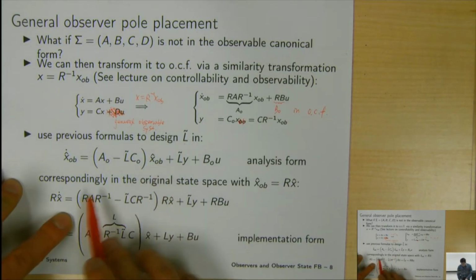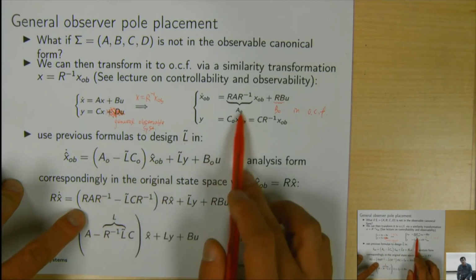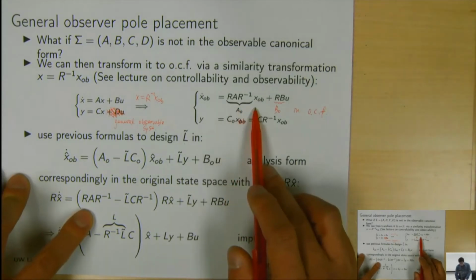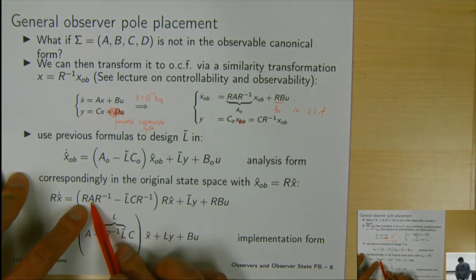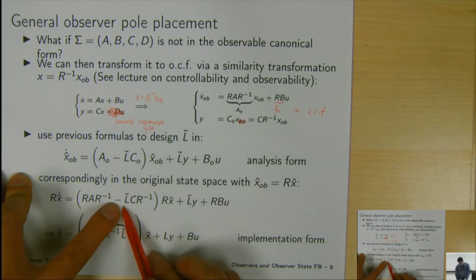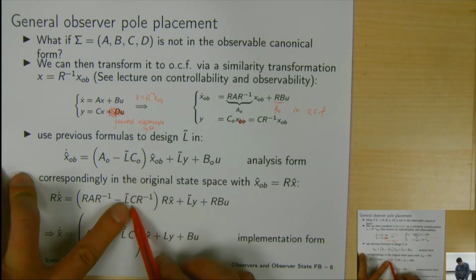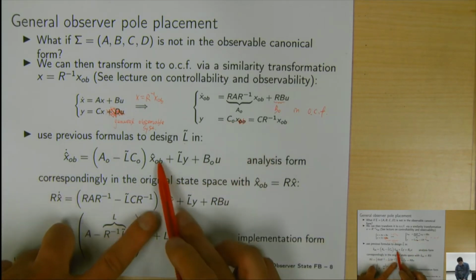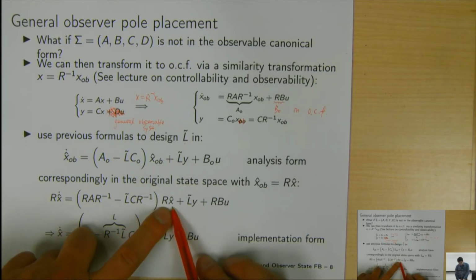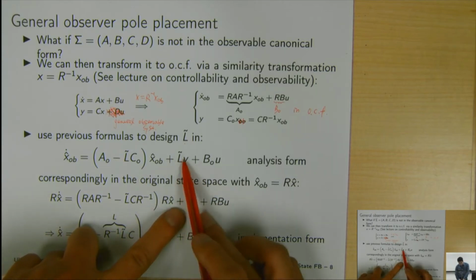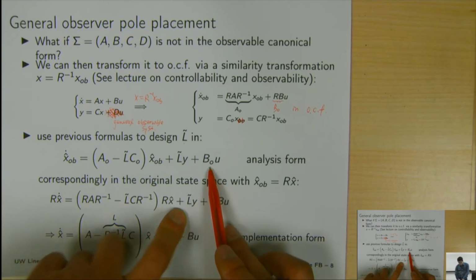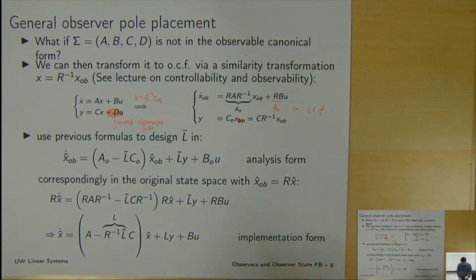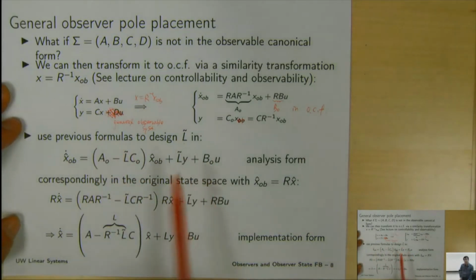And then inside, put all these definitions of the A matrix into here: it's R A R inverse minus L tilde times C observable, which is C times R inverse, and then x OB is R times x. Then plus L tilde y plus B observable u, so it's R B u. All right, just putting this design using a different set of notation.